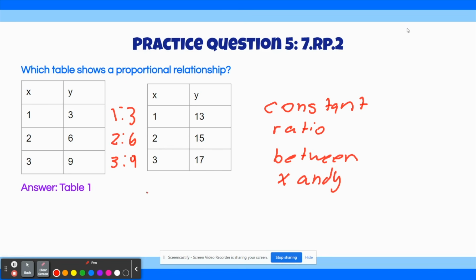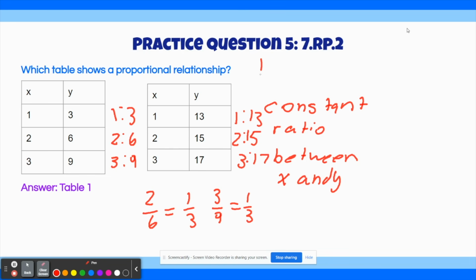You can also think about it like fractions. 2 over 6 can simplify down to 1 over 3, just like 3 over 9 can also simplify down to 1 over 3. So we see that this one has a proportional relationship. Now let's see why table 2 does not have a proportional relationship. So the first ratio is 1 to 13, and the next one is 2 to 15, and then the third one is 3 to 17.